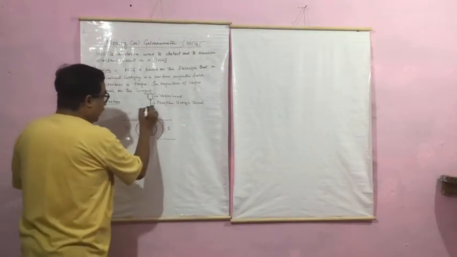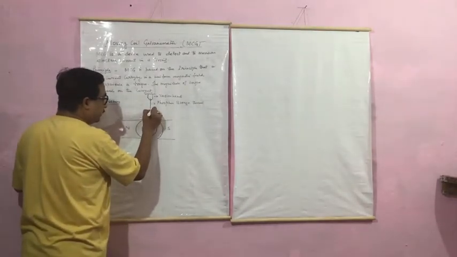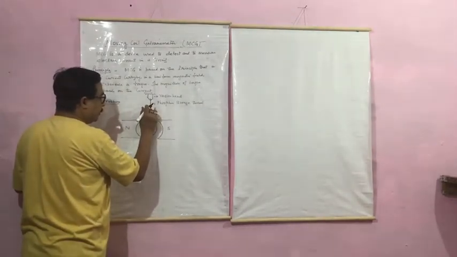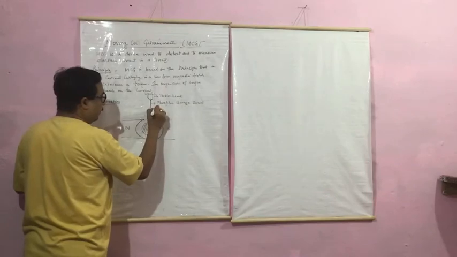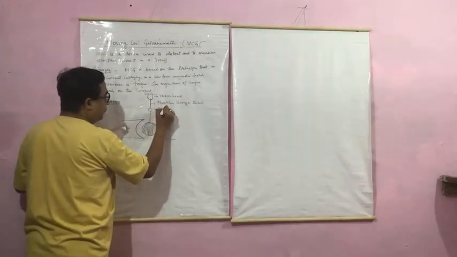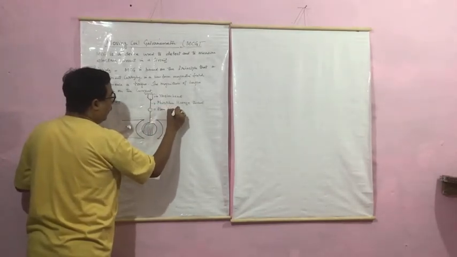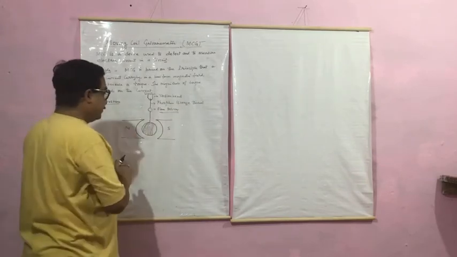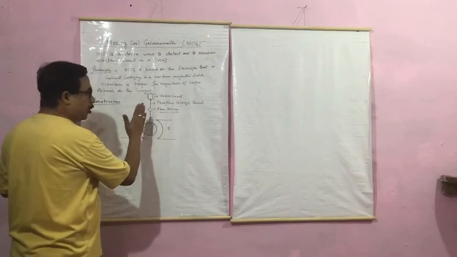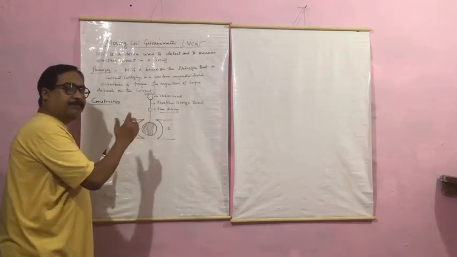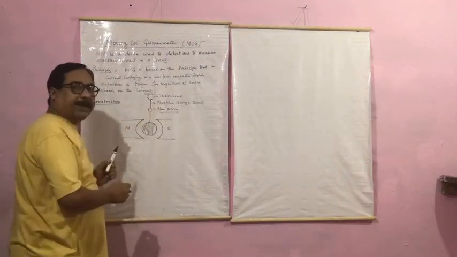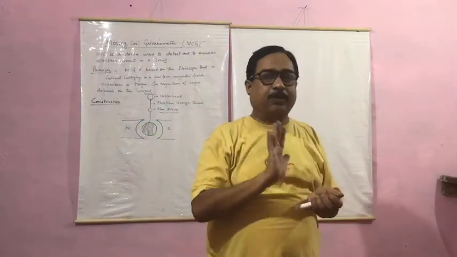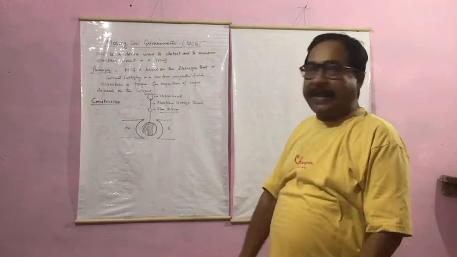Okay. There is a plane mirror also fitted in. And the purpose of this plane mirror is to measure deflection. So when this coil rotates, the mirror also deflects, and with the help of a ray of light, the deflection can be measured by a lamp and scale arrangement. Okay, for that purpose, there is a plane mirror.